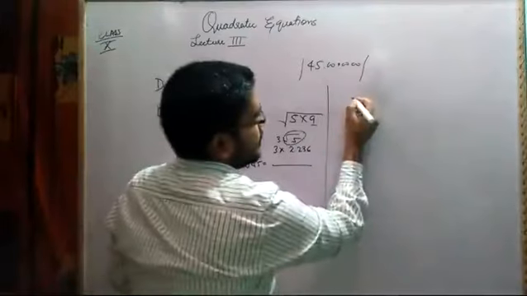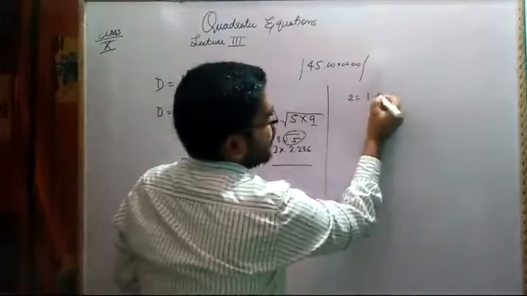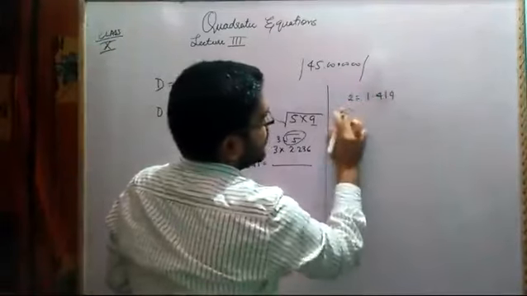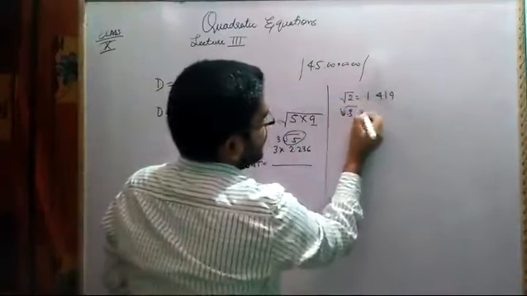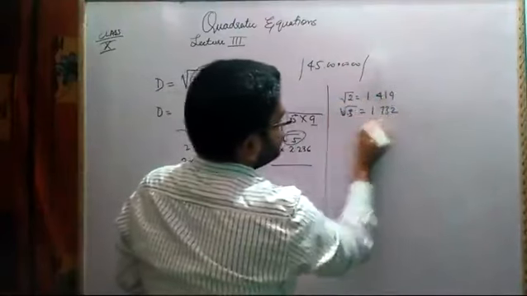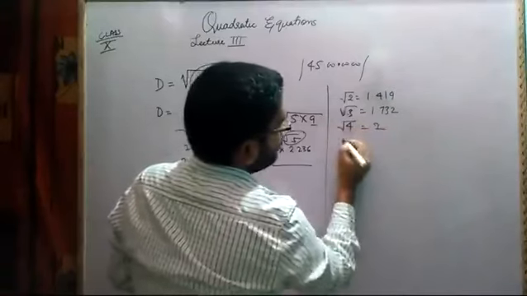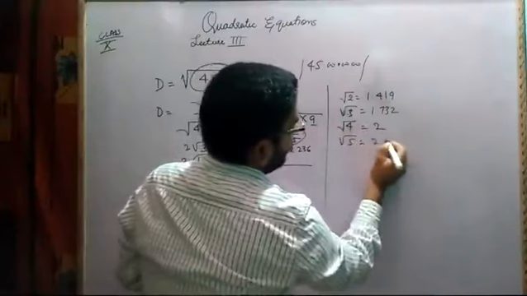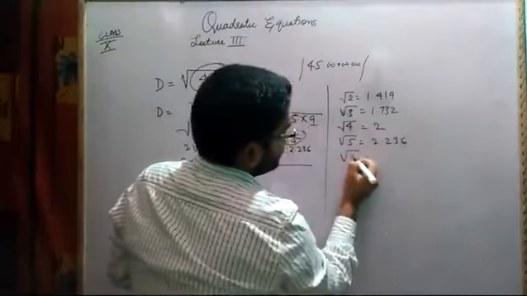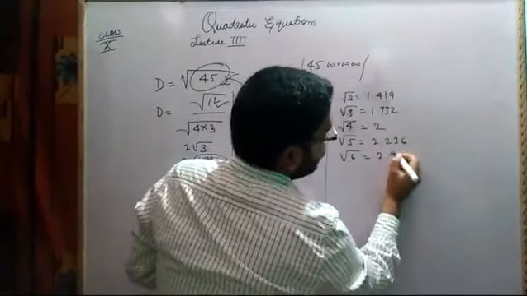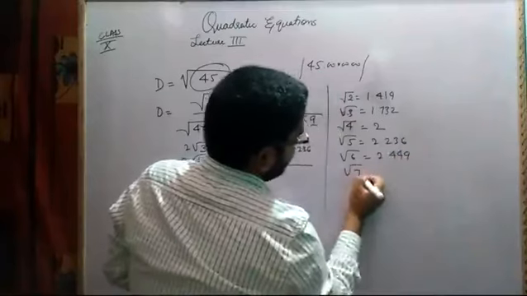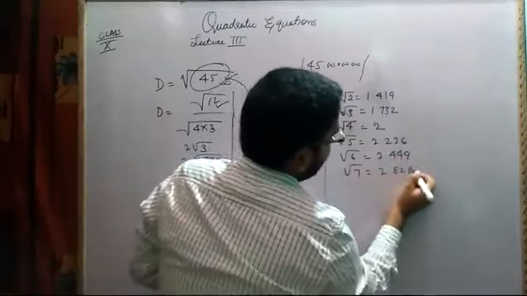Now in the same way, root 2 is 1.414, root 3 is equal to 1.732. Then root 4 you know is 2, root 5 is 2.236, root 6 is 2.449, root 7 is 2.645.